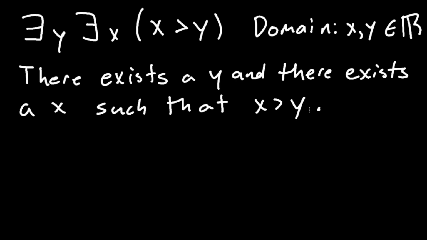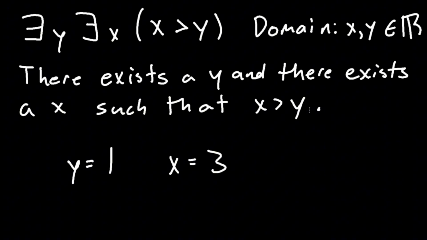Basically the same thing, but instead you pick the y value first. Let's say y is equal to 1, and then you could pick just one x value that is greater than y. Let's say x is equal to 3 in this case. So there exists a y, and there exists an x such that x is greater than y.